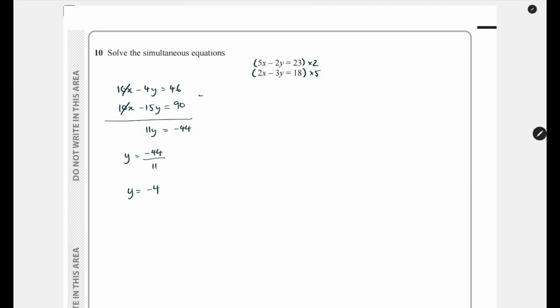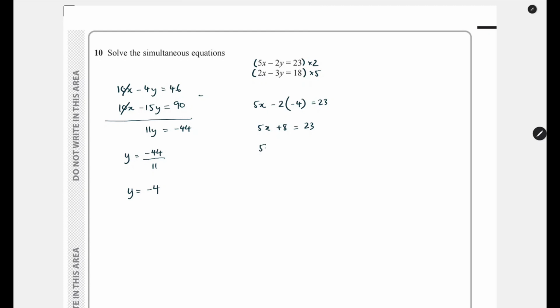I then need to just plug this y value into either of the equations to work out the value of x. Let's plug it into the first one. 5x minus 2 multiplied by minus 4 is equal to 23. 2 multiplied by minus 4 is minus 8, and minus minus 8 becomes positive 8, and that is equal to 23.